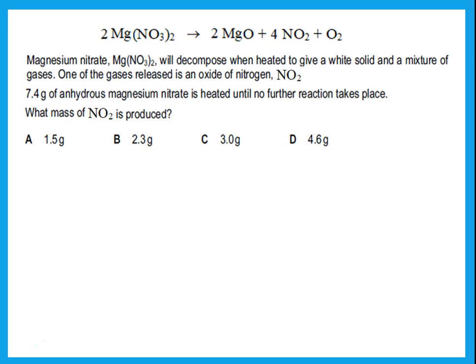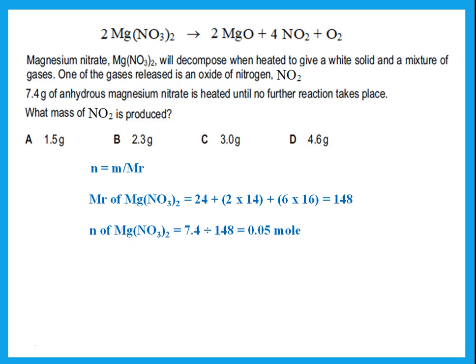Again, if he gives me the mass of something, the first thing I need to do is get the number of moles. This is from mass, so number of moles is mass over molecular mass. I calculate the molecular mass of magnesium nitrate, and then I divide the mass over the molecular mass, and we find that the number of moles is 0.05. The next step would be, what is he asking about? He's asking about NO2.